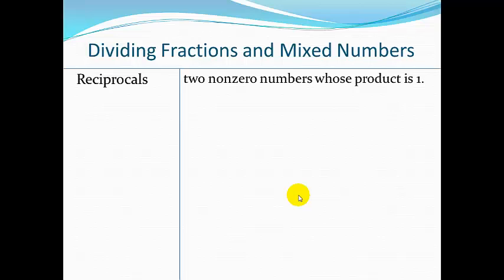So, reciprocals. Basically, it's when two non-zero numbers, whose product, remember when we multiply, is 1. So here are a couple of examples. 2/3 and 3/2 are reciprocals because if I was to multiply them, which we just learned about, I'll go ahead and just write that.